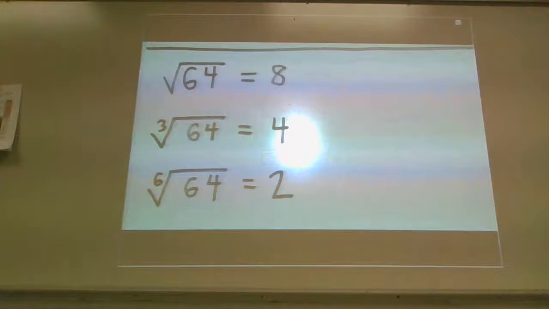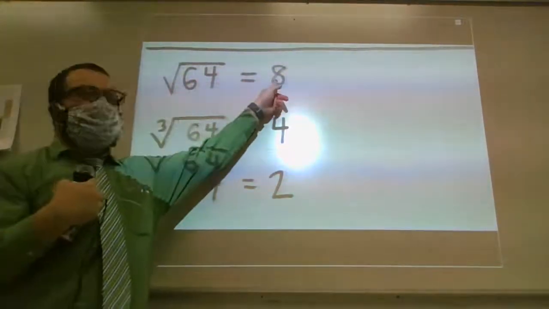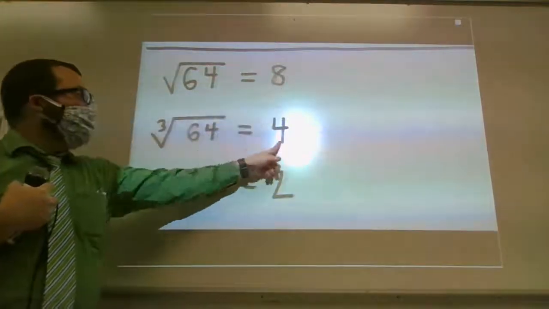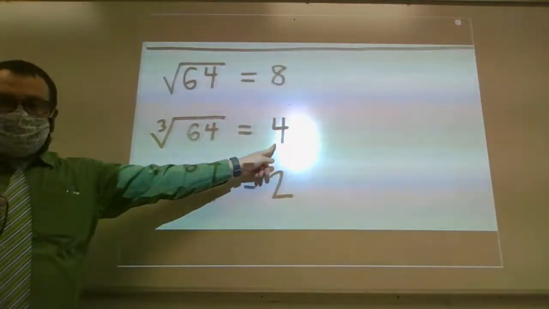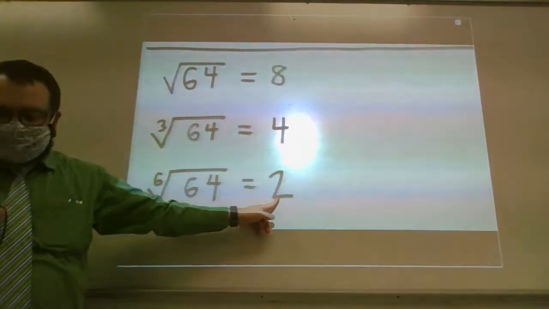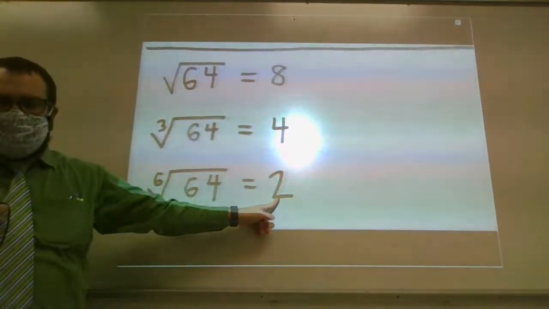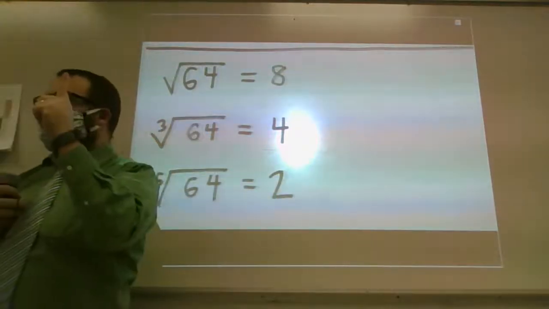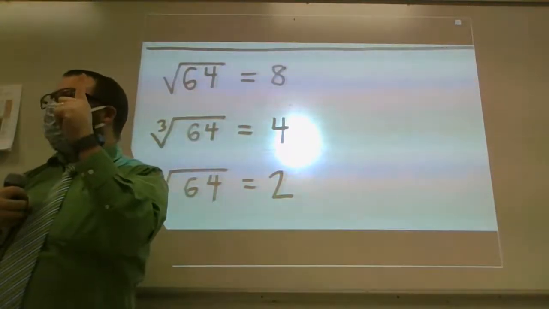Just as a side note, I can't get it to be 1. The reason why I can't get it to be 1, well, think of it this way. 8 squared is 64. 4 cubed is 64. 2 to the 6th power is 64. 1 to what power will give you 64?